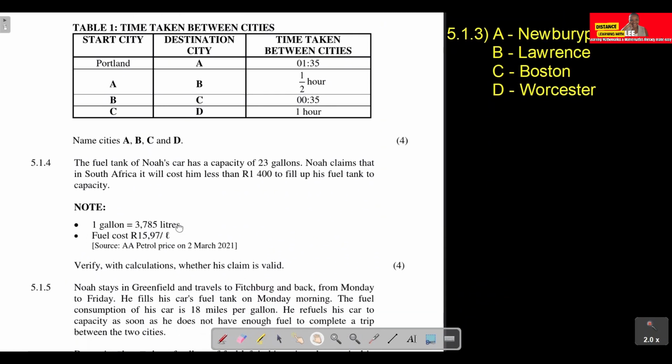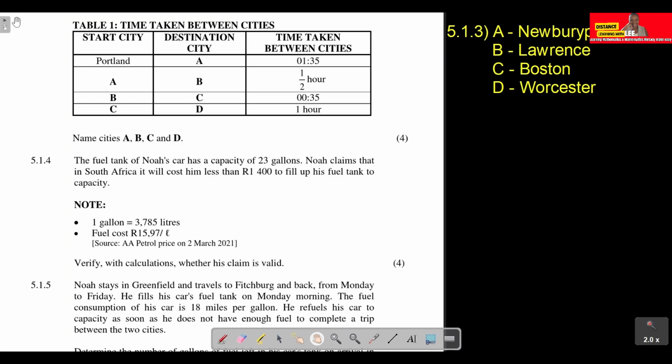Let's have a look at question 5.1.4. It says the fuel tank of Noah's car has a capacity of 23 gallons. So his fuel tank can hold 23 gallons of fuel. Noah claims that in South Africa it will cost him less than 1,400 to fill up his fuel tank to capacity.